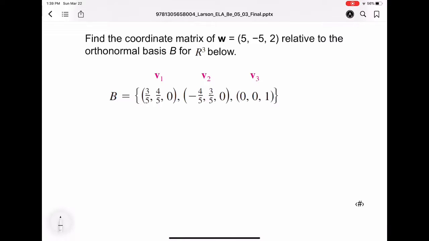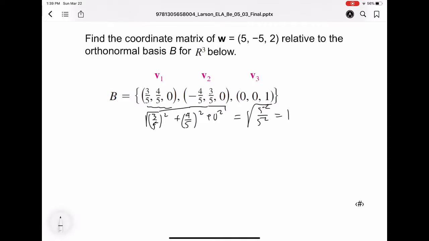Okay, let's do this first, before we express W as a linear combination of B and try to find the coordinates of W. So the norm of V1 is 1, is it correct? So you have the square root of (3/5) squared plus (4/5) squared plus 0 squared. And that is 5 squared over 5 squared, which is 1.